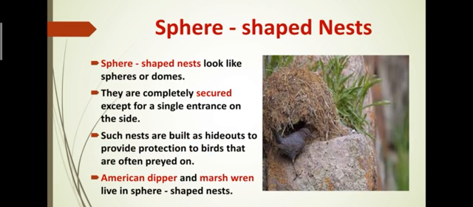Spear shaped nests. This type of nest is made by American dipper and marsh wren. This type of nest looks like a spear or a dome, and the very important thing about this nest is that it is completely secured from all sides, and it has only a single entrance from one side.